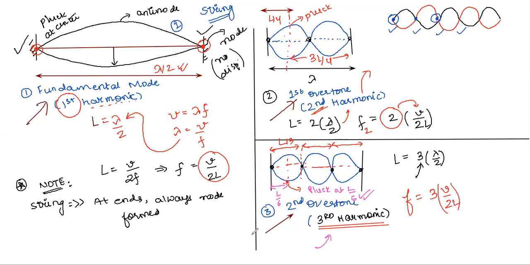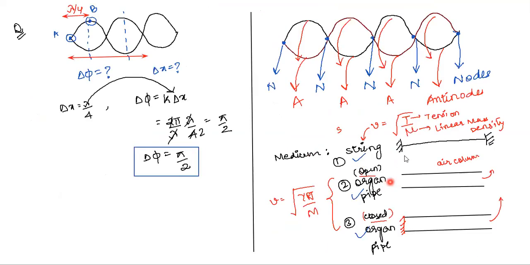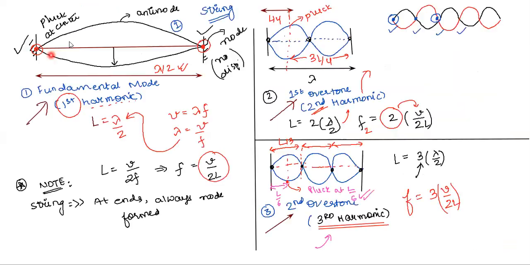Okay, so I'll tell in brief whatever we have read in the last 5 minutes. We started with the fact that we have different kinds of mediums in which vibration can take place. One is a string, the other is an open organ pipe, and the third is a closed organ pipe. We are considering the first case here, that of a string.